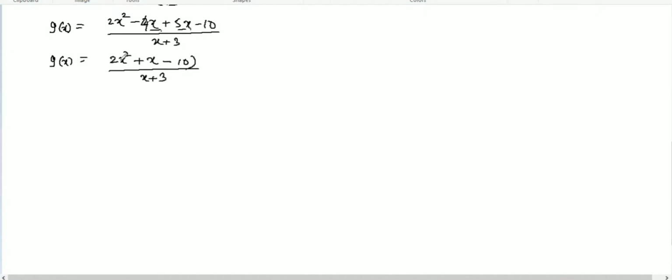Now let's take the numerator as u and this one as v. So write down u is equal to 2x² + x - 10 and find du/dx, because we are going to use the quotient rule. du/dx is 4x plus, the differentiation of 2x², which will be 4x, and plus the differentiation of 1x, which will be 1, and this is a constant term, so this will be 0.